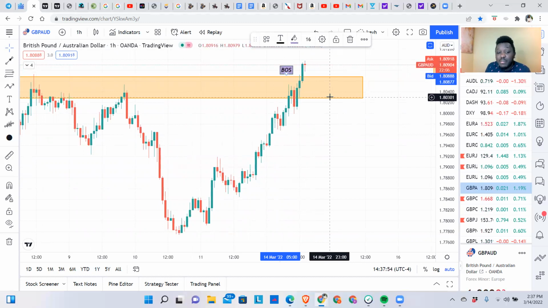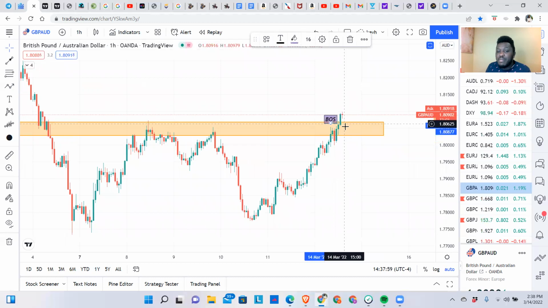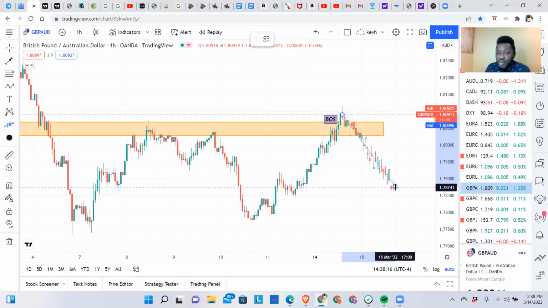That's a possibility. Guess what? This could end up being a total fake out. That's the reason why I wait for the retest. I wait for the retest because I know that the market can be manipulated. You could see something like that. That's a possibility.